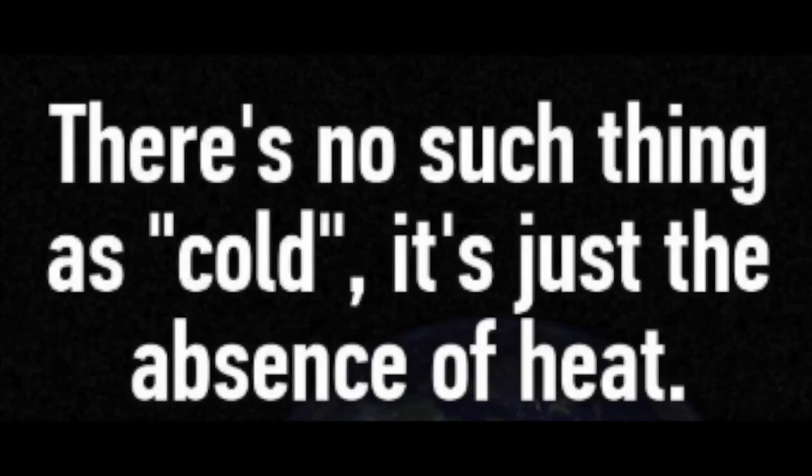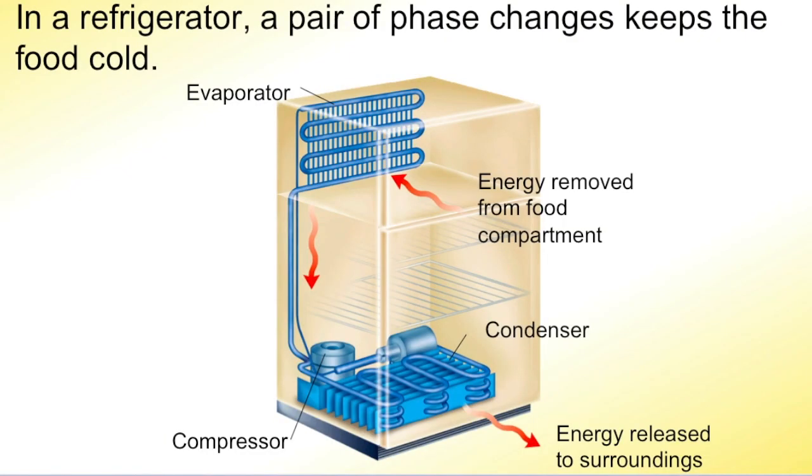There is no such thing as cold. There's just less hot. And so a refrigerator makes that liquid change phase and suck heat out of the food and then ejects it into the room. Here's just another visualization of it.